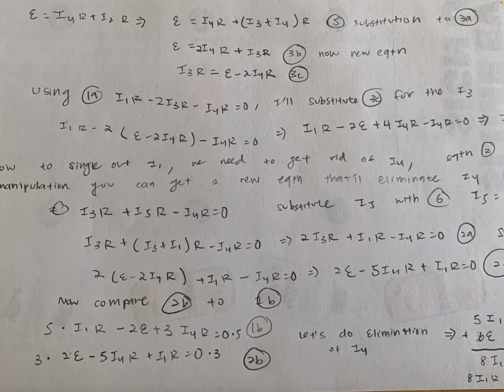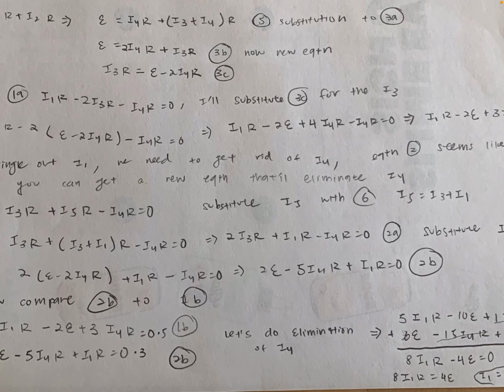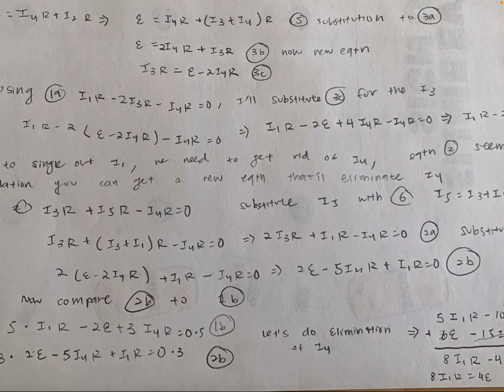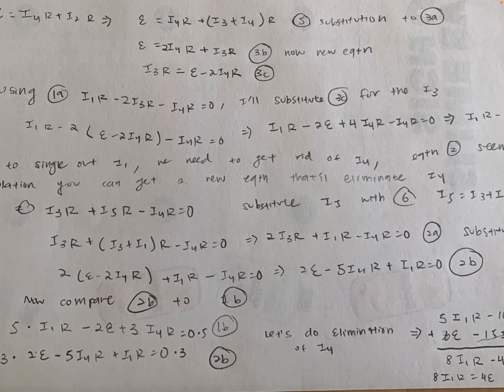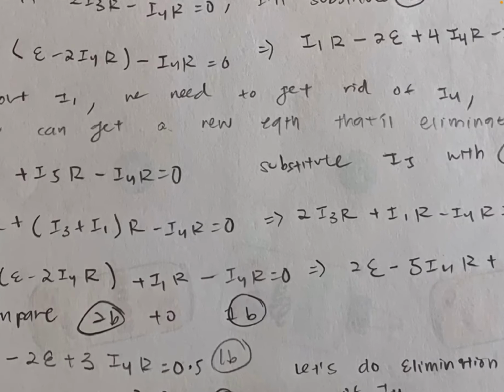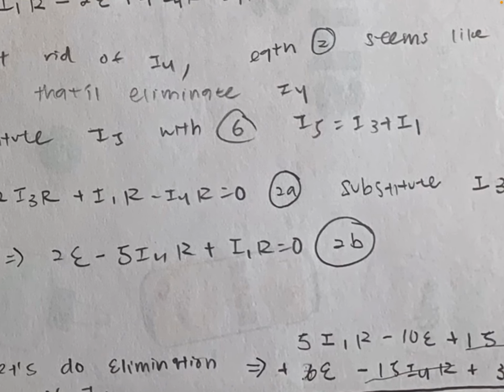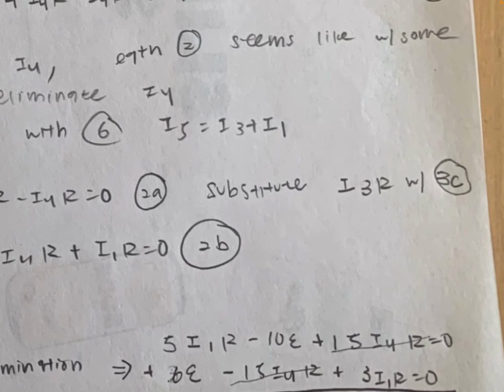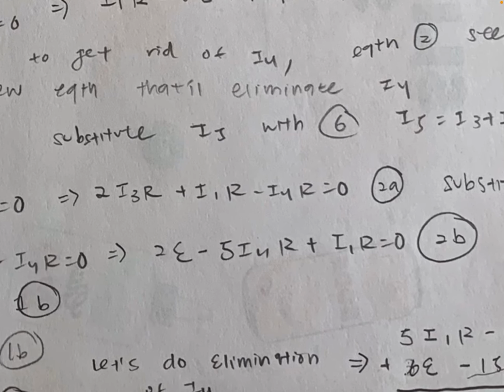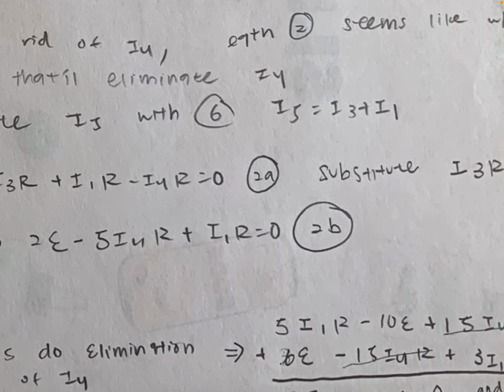So I'm going to start off with that equation and substitute I5 with equation 6, where I5 is equal to I3 plus I1. So here I substitute I5 and I get I3 plus I1 R minus I4R equals 0. And then I simplify and I'm going to call this 2a. It's 2I3R plus I1R minus I4R equals 0.